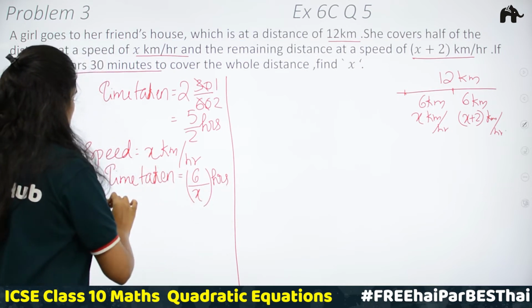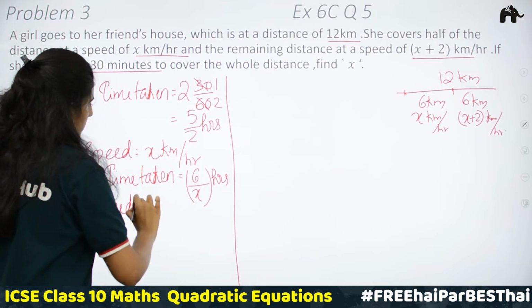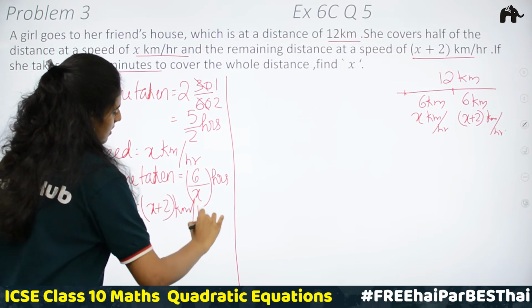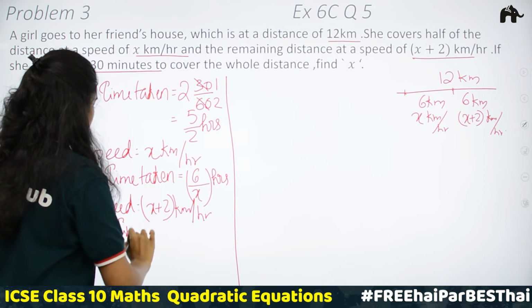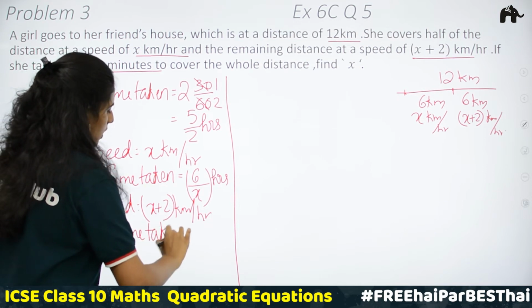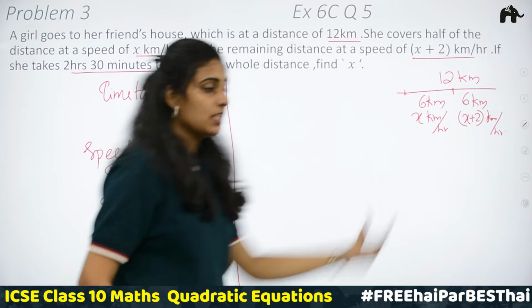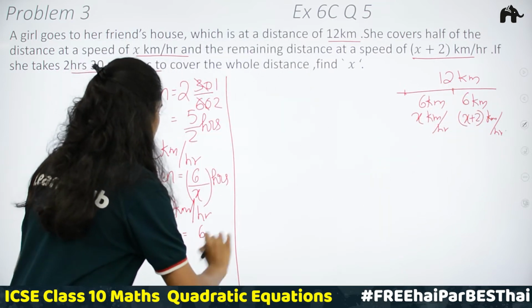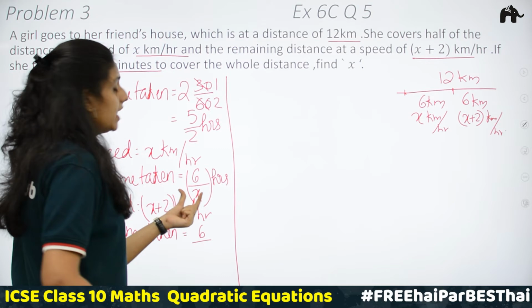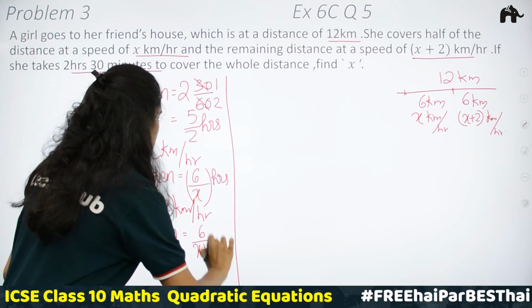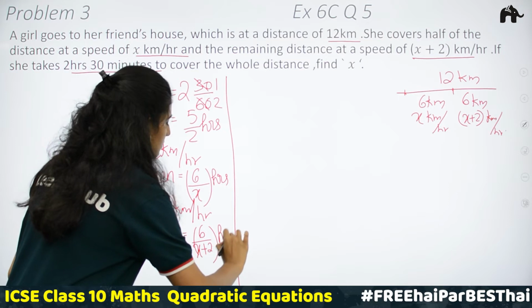Now, when the speed is equal to x plus 2 kilometer per hour, again the distance travelled is the same, which is 6 kilometers. Time taken will be distance by speed, 6 by x plus 2 hours.